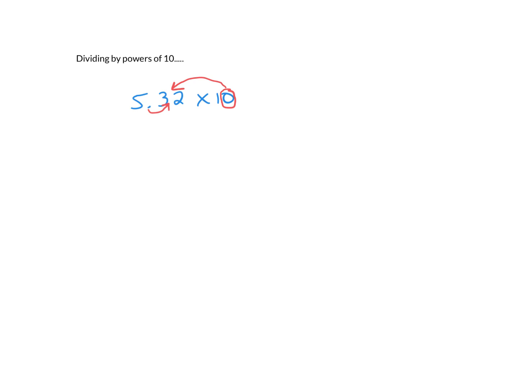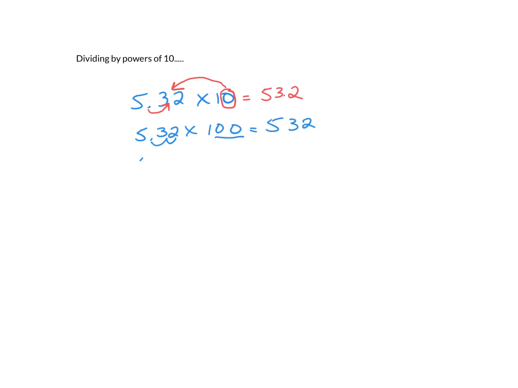So 5.32 times 10 would give me 53.2. Remember, if we had multiplied 5.32 times 100, since there's 2 zeros, I have to move the decimal point 2 spots to the right, which would then give me the whole number, 532.